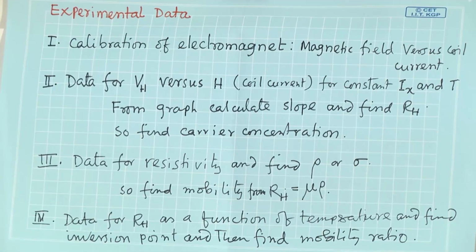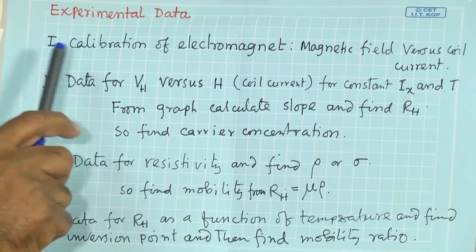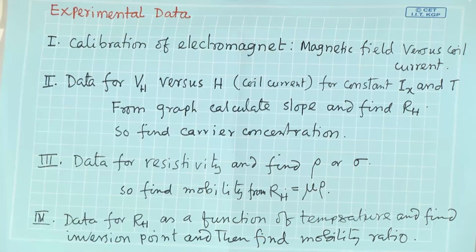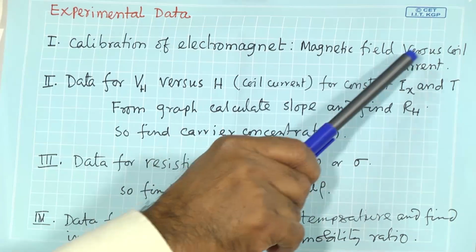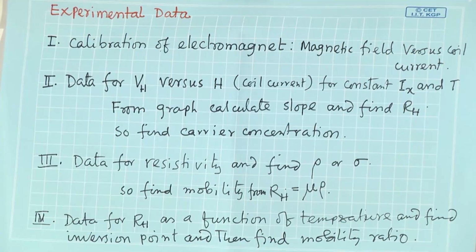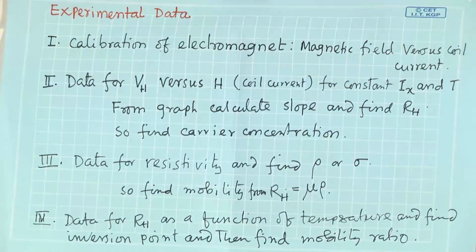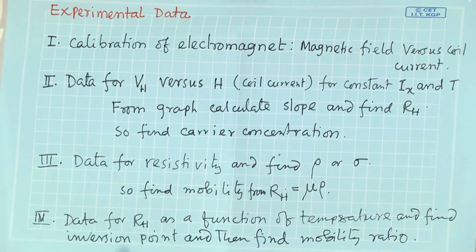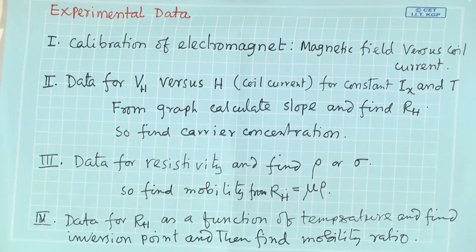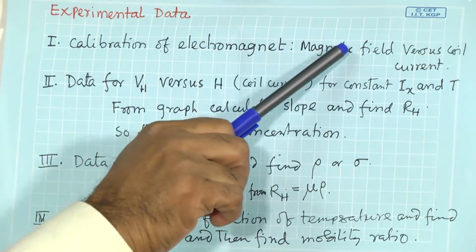Then you will get a calibration curve, so from the coil current you will be able to tell what the magnetic field is. Then the next data you have to take is Hall voltage versus magnetic field. Basically we use the coil current, and from this calibration we get the magnetic field.